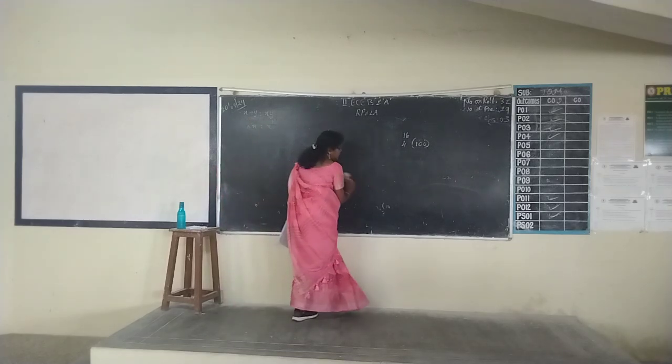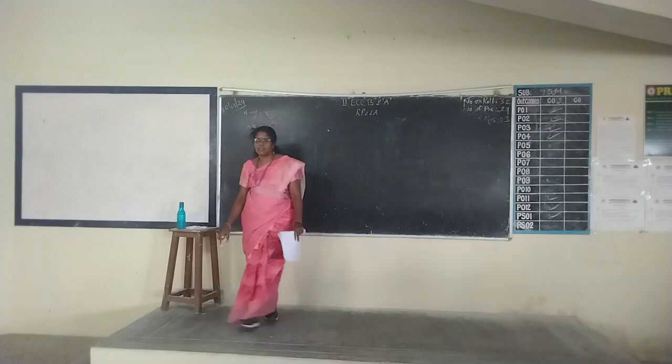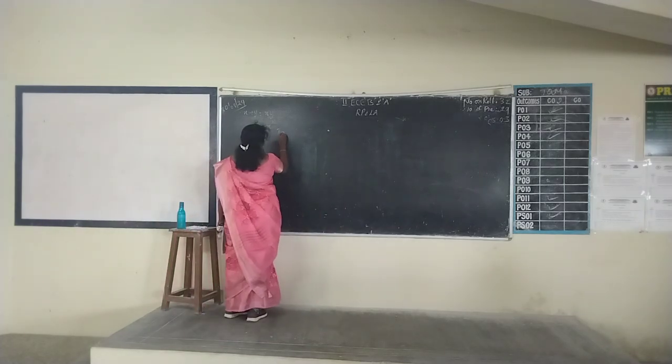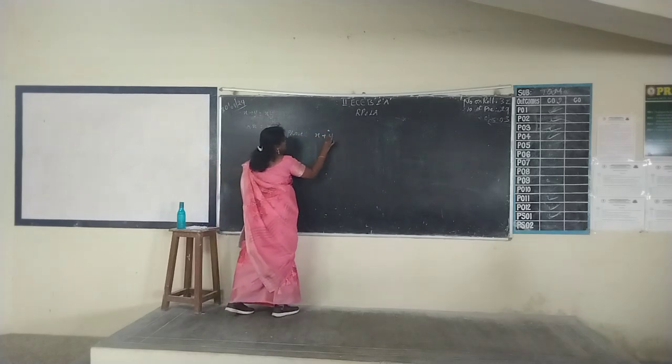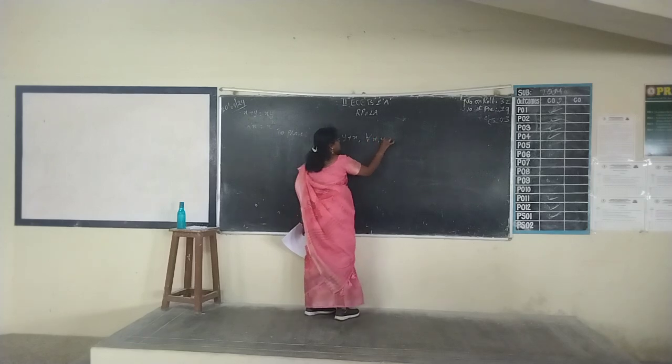Commutativity, right? What is supposed to be proved? x plus y should be equal to y plus x, for all x, y belonging to V.